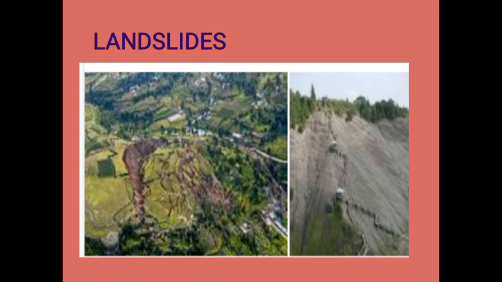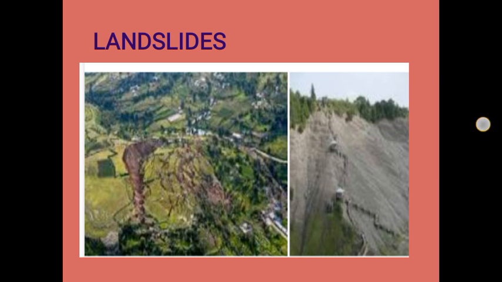So this is the mountain, and from here the rocks, debris and soil move down. This happens during or after heavy rainfall and after an earthquake. Mostly we have heard about the landslide in Uttarakhand. The Himalayan region experiences landslides during the monsoon season.